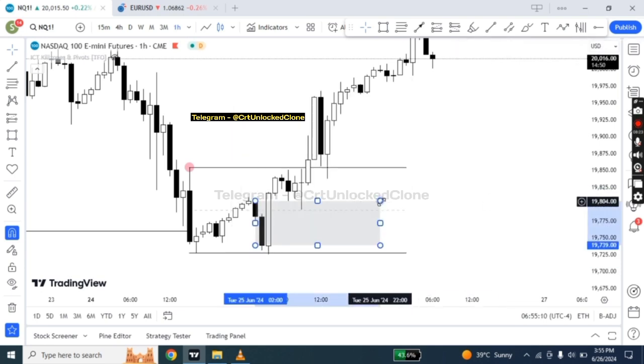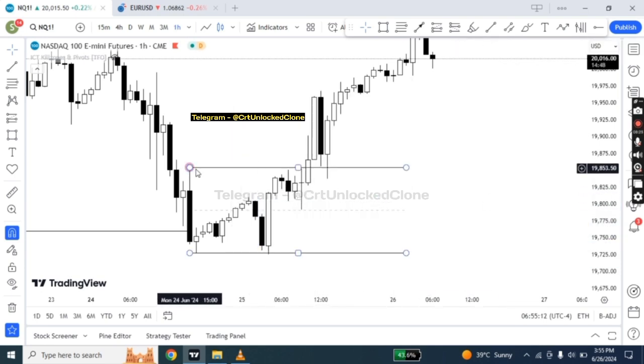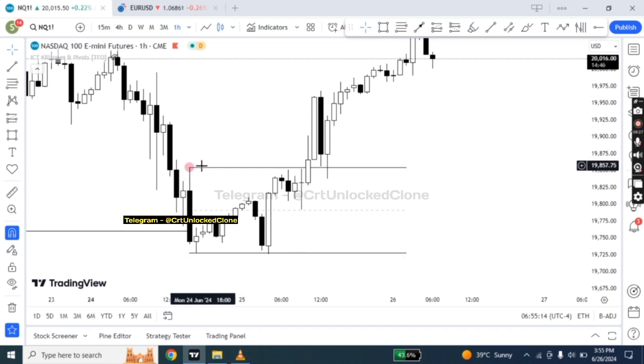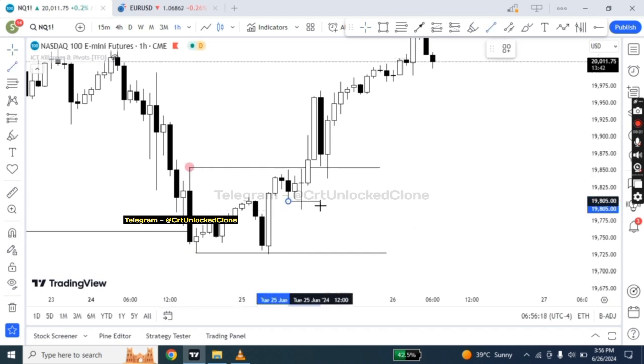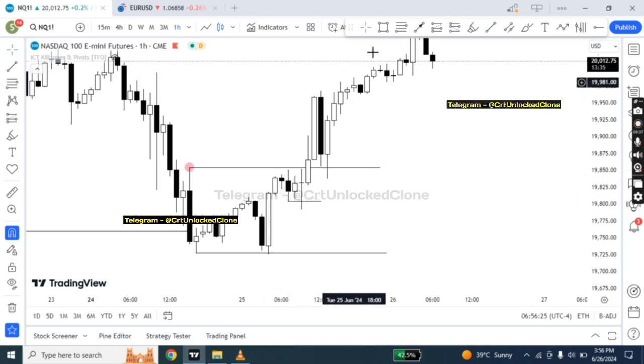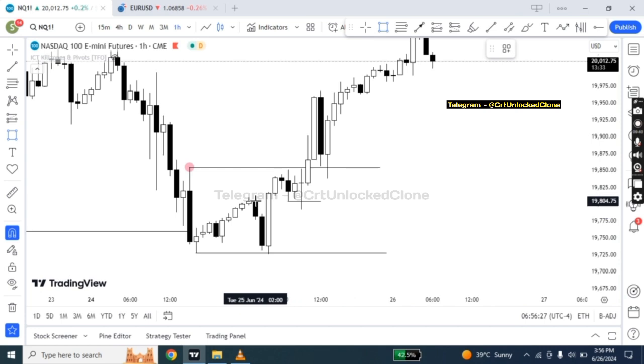And I started looking for another potential trade towards that drawn liquidity on the 1 hour. For that, I started looking for a CRT, and then I found this candle right here, and I chose this particular candle as my CRT. The reason why I chose this particular candle is because of two predominant factors.